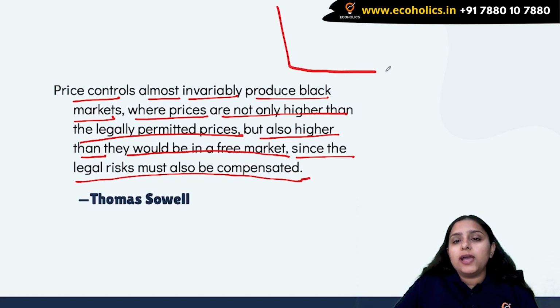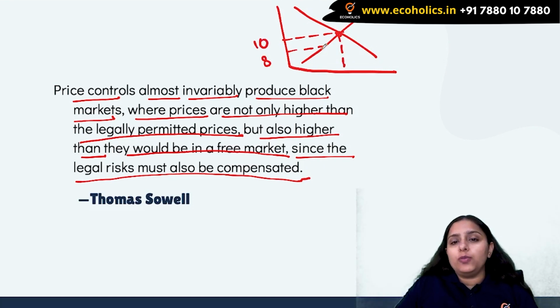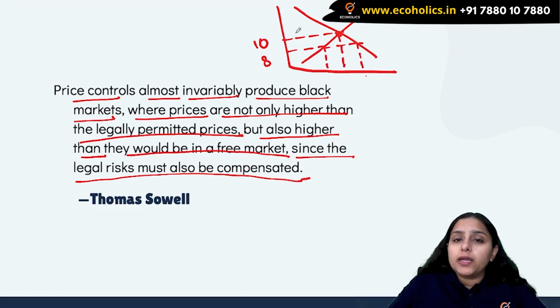So what eventually happens is, this is supply, this is demand, this was the equilibrium price, let's say 10 rupees. Now, due to price ceiling at 8 rupees, the quantity demanded is higher than supply. So there comes a black market.